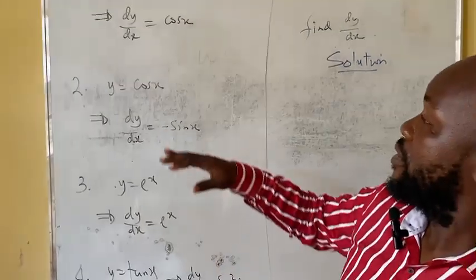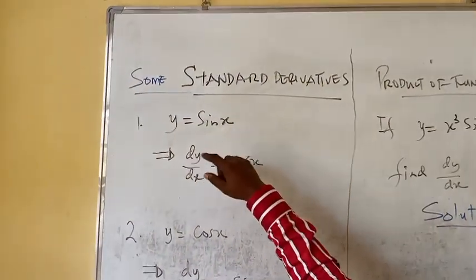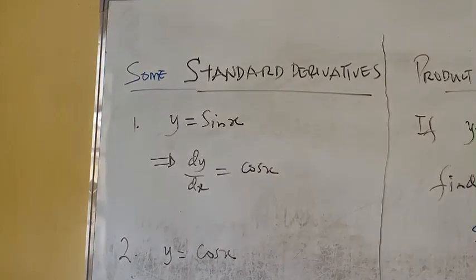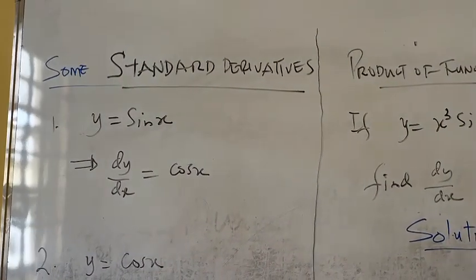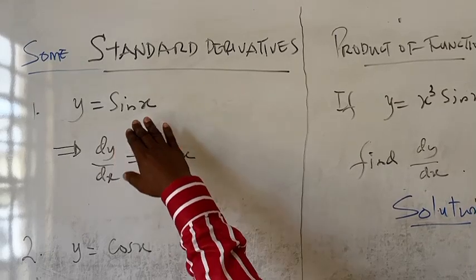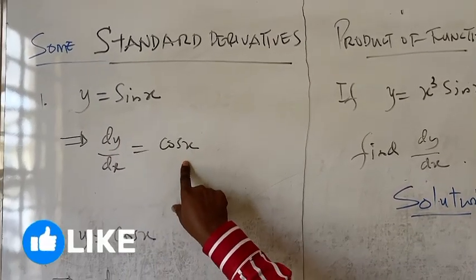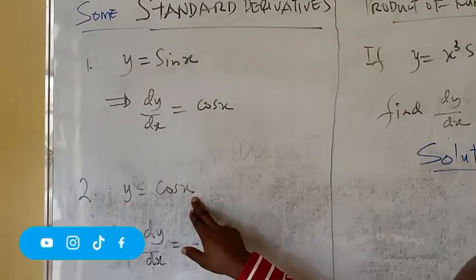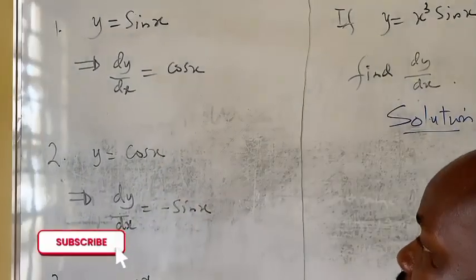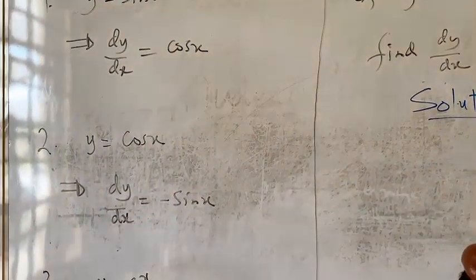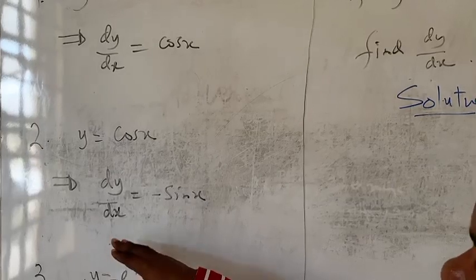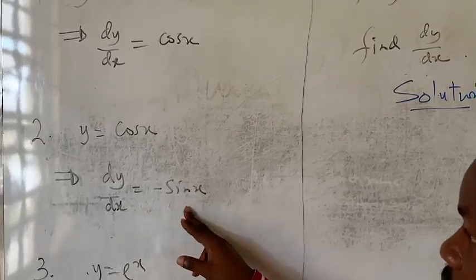Number one, if you have a function sine x, it's already an established result that the derivative of sine x is cos x. If you have another function cos x and we are asked to differentiate it, it's a result that has already been established: the derivative of cos x is minus sine x.